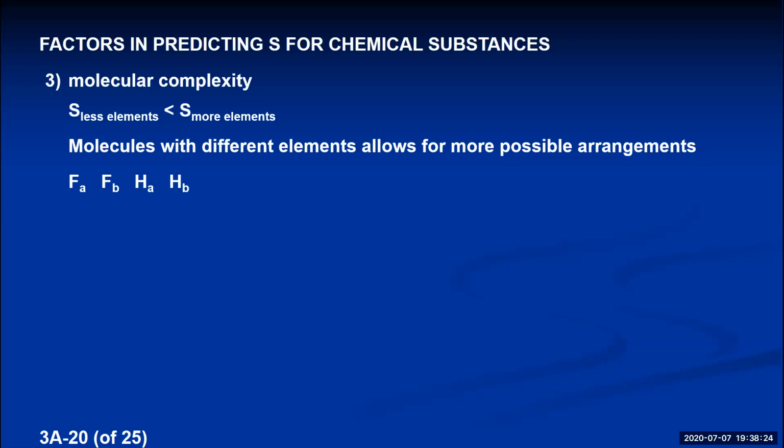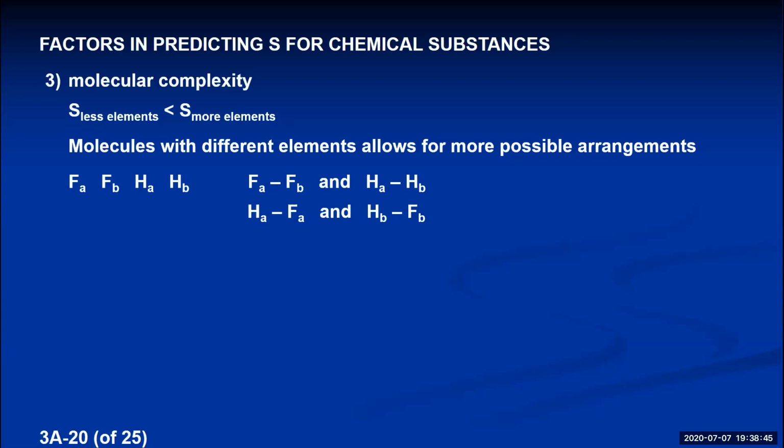Well, let's see how many arrangements we can make. If you want to make the fluorines bond together and the hydrogens bond together, this is the only arrangement you can do. Fluorine A would bond to fluorine B, and then hydrogen A would bond to hydrogen B. That's one arrangement, that's all you can have. But if you want to have 2 hydrogen fluoride molecules, you actually have 2 arrangements you can do.